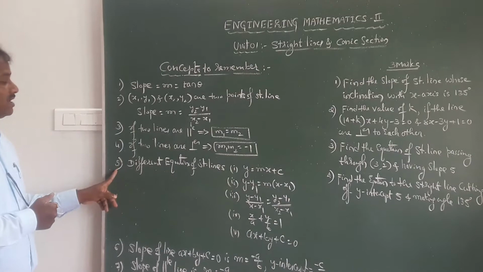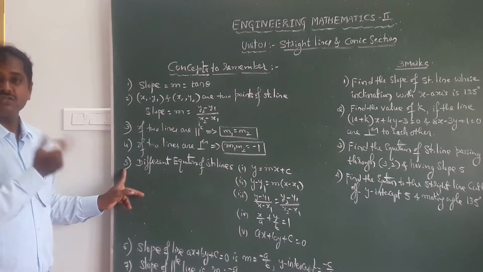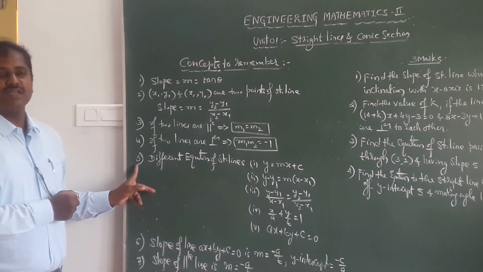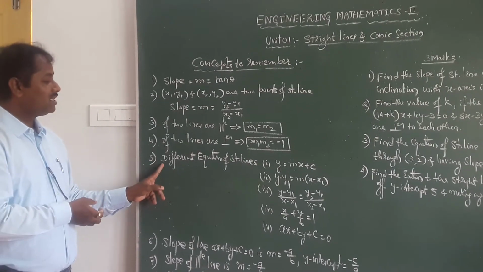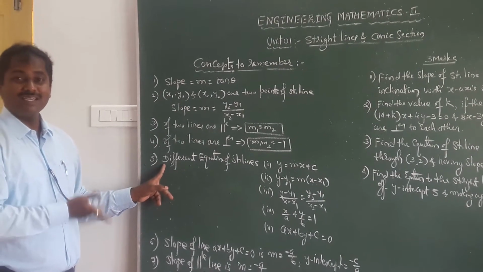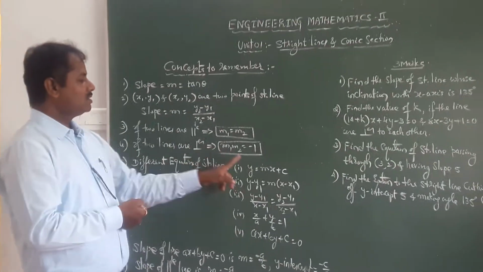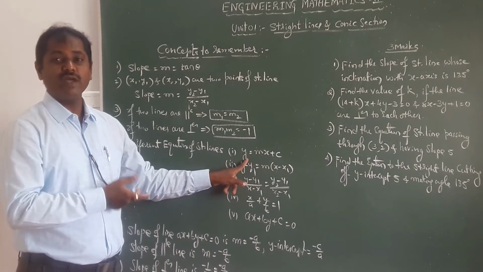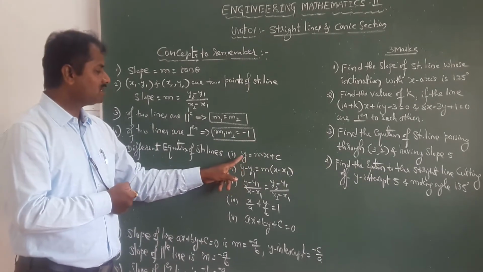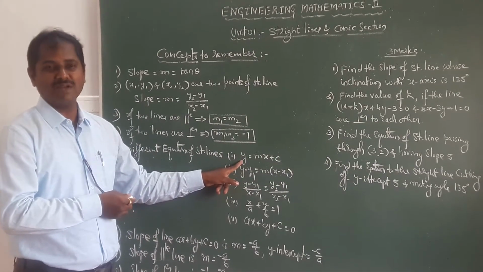So similarly, if we have different equations of straight lines, examination very important concept. So different equations of straight lines, in that you will have the equation of a straight line if the slope and y intercept are given, which is given by y is equal to mx plus c.